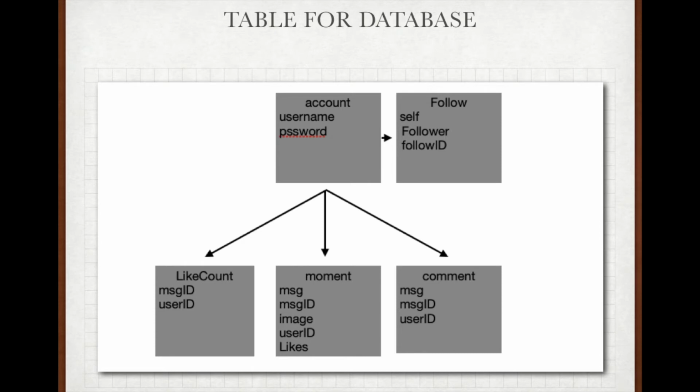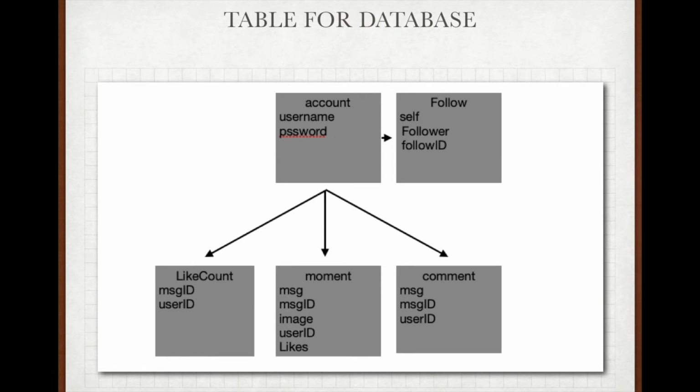Let's say A is trying to follow B, then self right here is going to be A, and follower right here is going to be B. And follow ID is the event that A is following B. It's pretty straightforward.